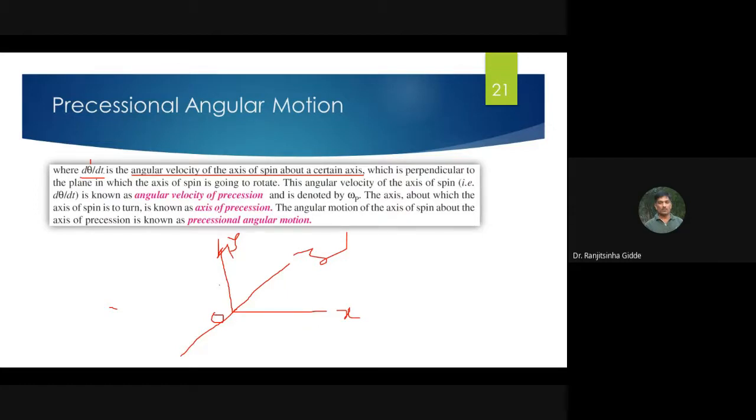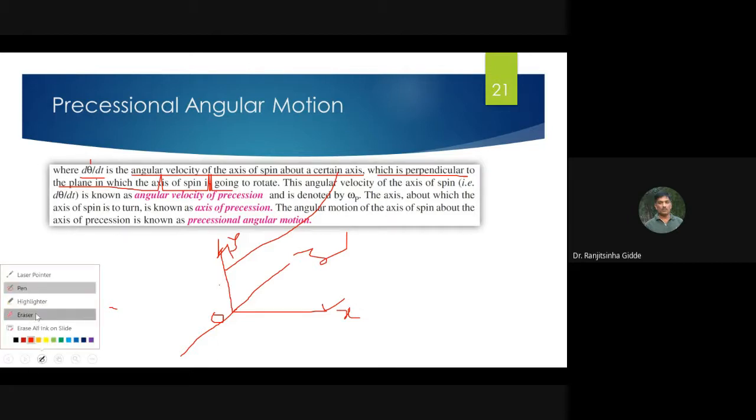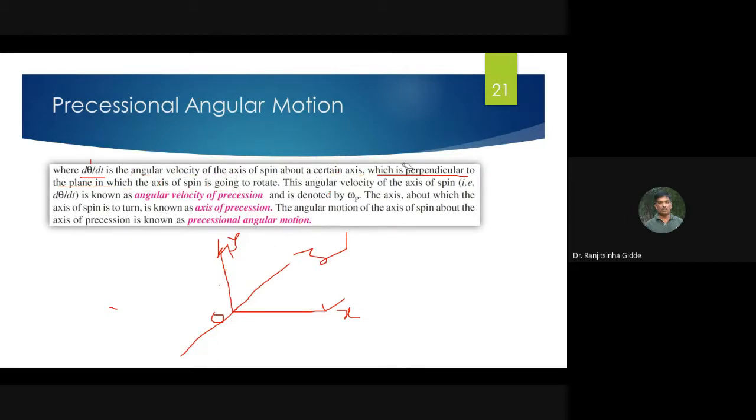So d theta by dt is the angular velocity of the axis of spin about a certain axis. Which one is the certain axis? This one is oy, which is perpendicular to the plane in which the axis of spin is going to rotate.